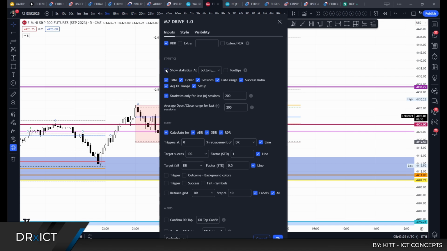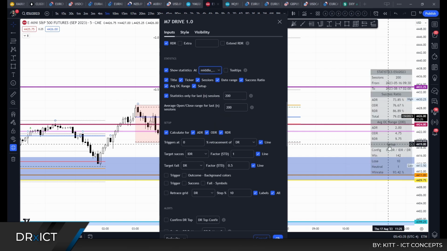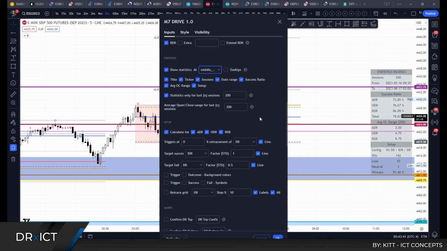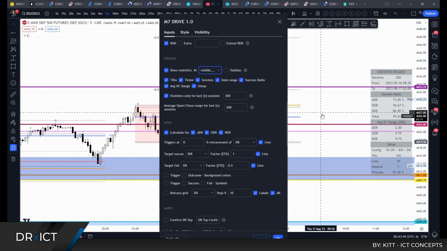Statistics, we turn that off, so then our setup doesn't matter as much. If we turn this on, we put it in middle right, to give me a little better view. The last 200 sessions, which again, you can configure. If I put 250, it just disappears. It's going to depend on your TradingView as well.